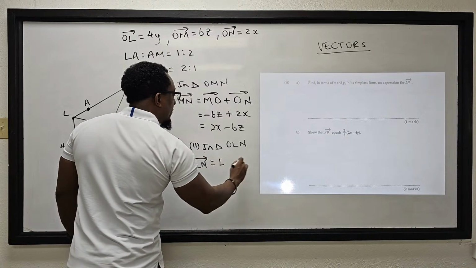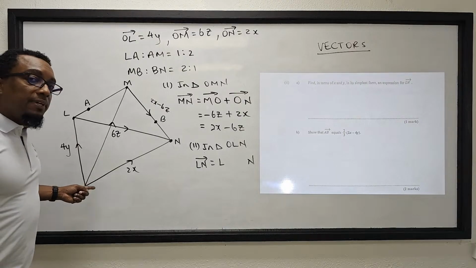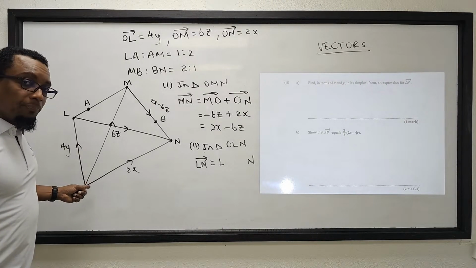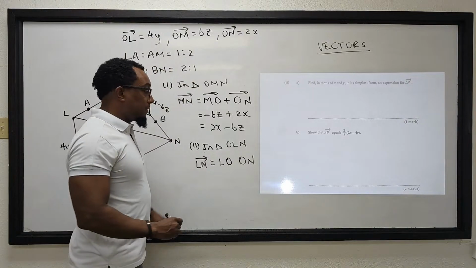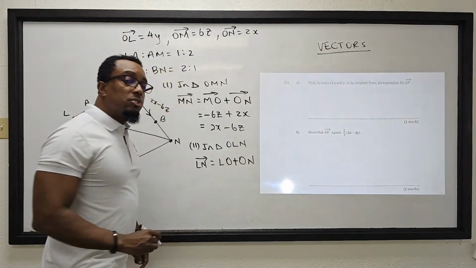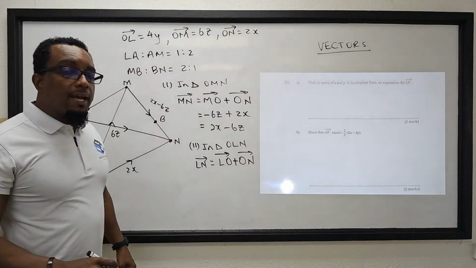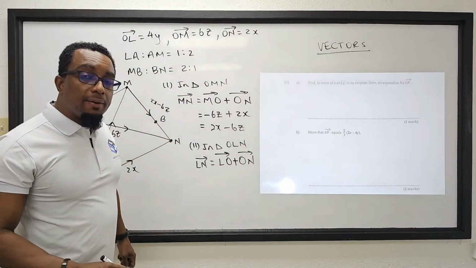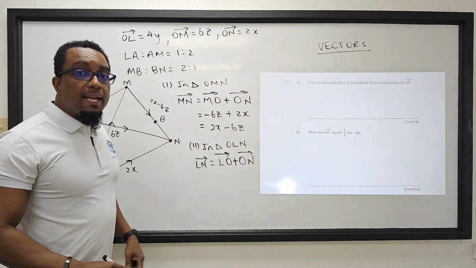So I'm going to start with L, end with N, and the third vertex on that triangle is O. So you know it's going to be O at the middle, so you'll have the two vectors LO and ON, and you separate with an addition sign. So the vector LO, and we must put that arrow on top, showing the direction of the vector. So LO plus ON, of course, will give us LN.